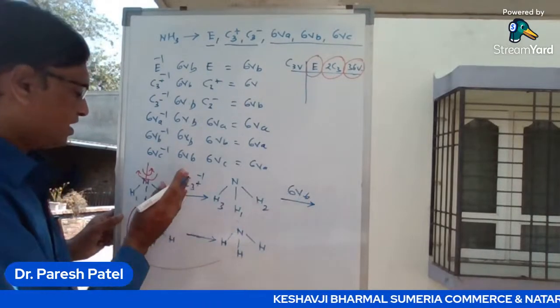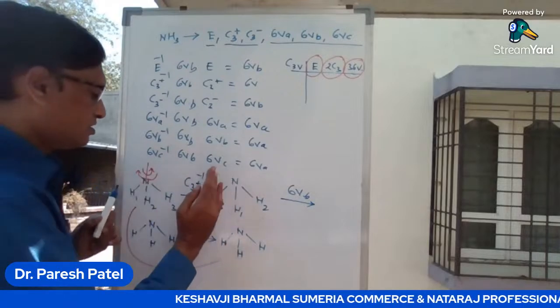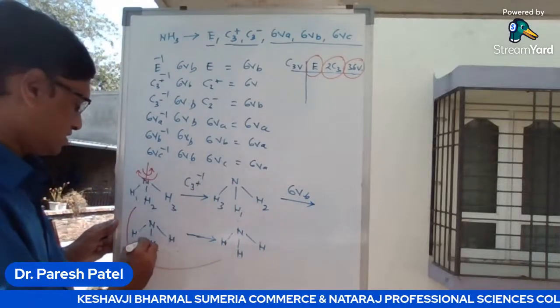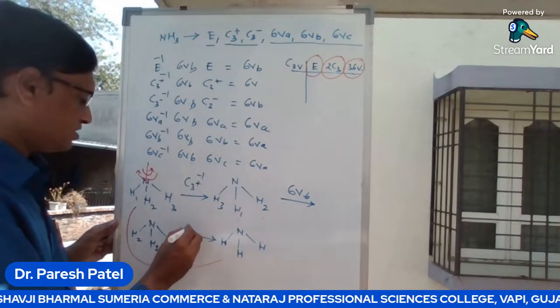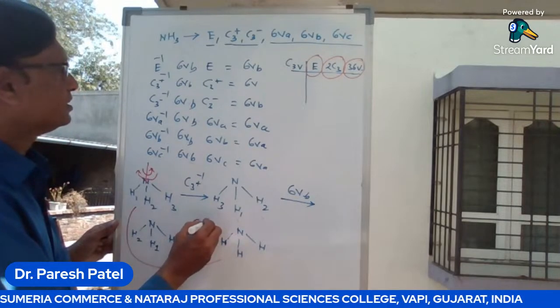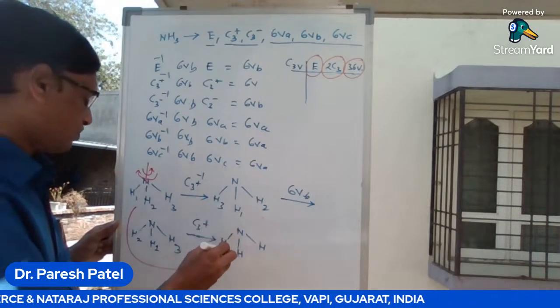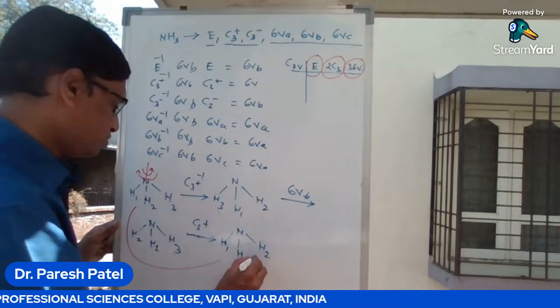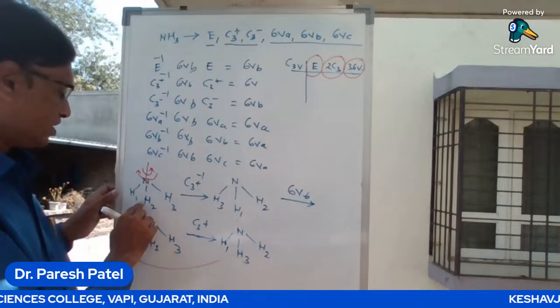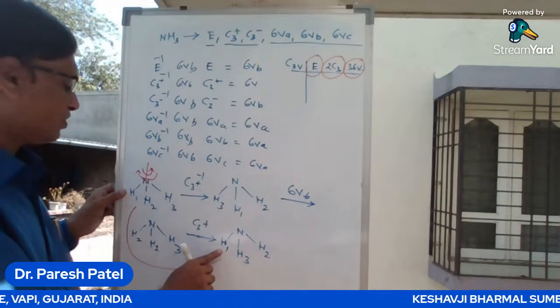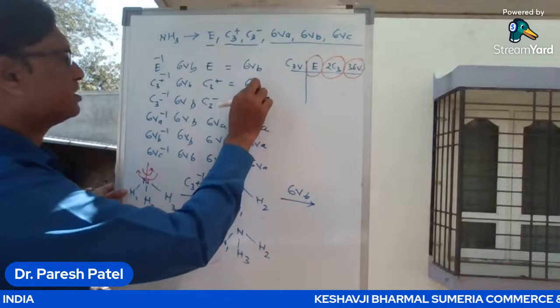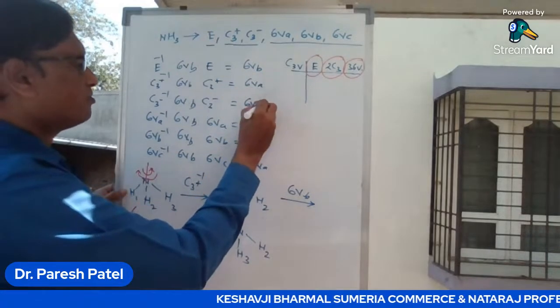Then sigma VB: hydrogen 1 stays as it is, 2 and 3 interchange. Then C3 plus means one time clockwise rotation. 1, 2, and 3. Here there is no change in the position of hydrogen 1, so this is nothing but sigma VA.